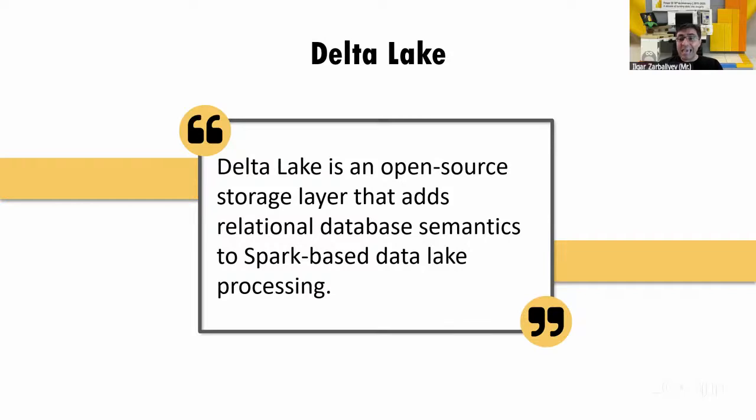The result is an analytical data store that offers many of the advantages of a relational database system while keeping the flexibility of file storage in a data lake. Tables in Microsoft Fabric lakehouses are Delta tables, and you'll see that signified by the triangular Delta icon next to tables in the Lakehouse user interface.